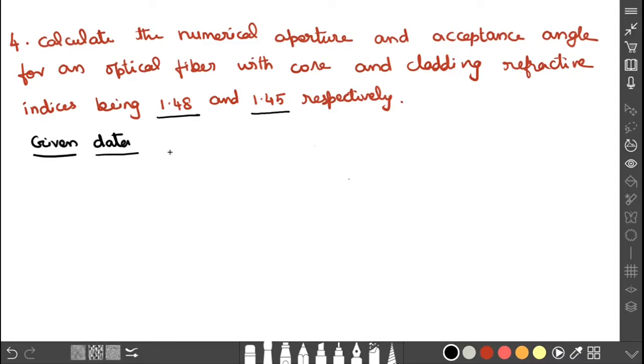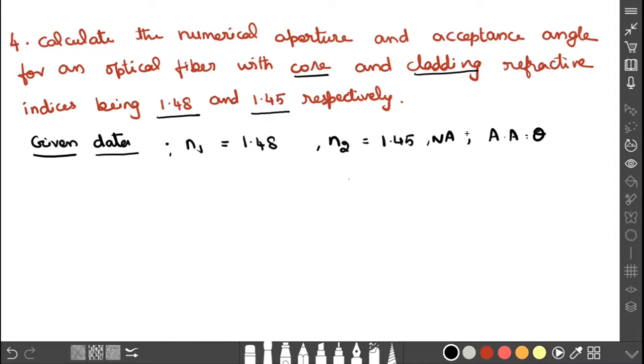N1 is equal to 1.48, the core refractive index, and N2 is equal to 1.45, the cladding refractive index. Then we have to calculate the numerical aperture and the acceptance angle, represented by the letter theta. Two things we have to calculate.